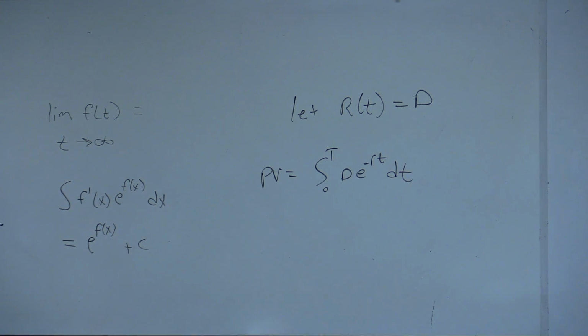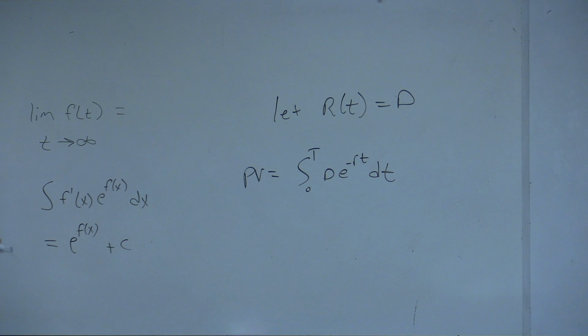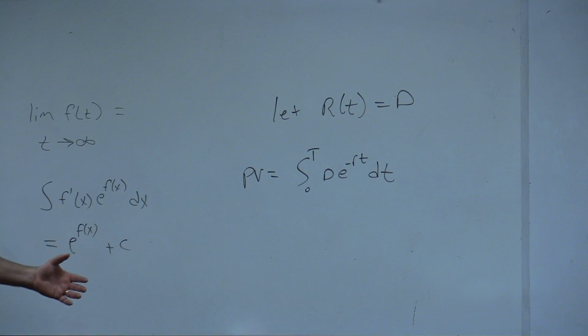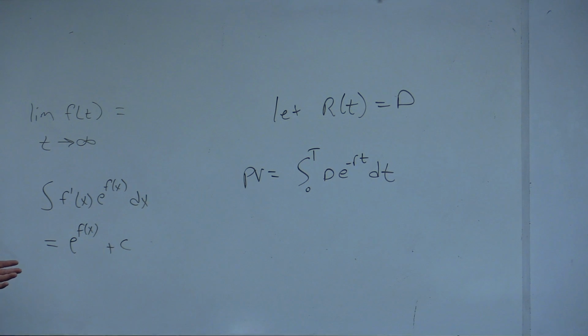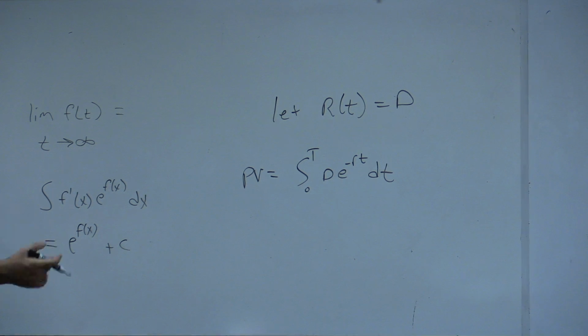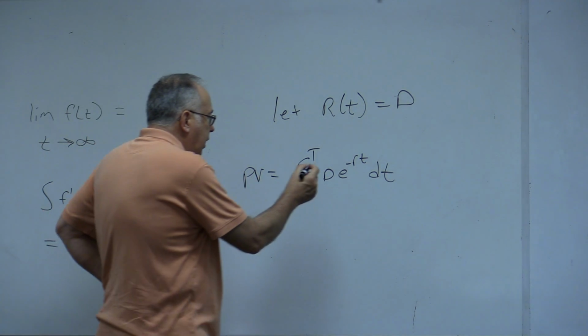Now, this is not quite in a form that is easily integrable, where we can easily find the integral. But we could, by a trick, make this into the right form. What would be the trick that we could use to easily find this integral? Well, you've got e to the minus rt.